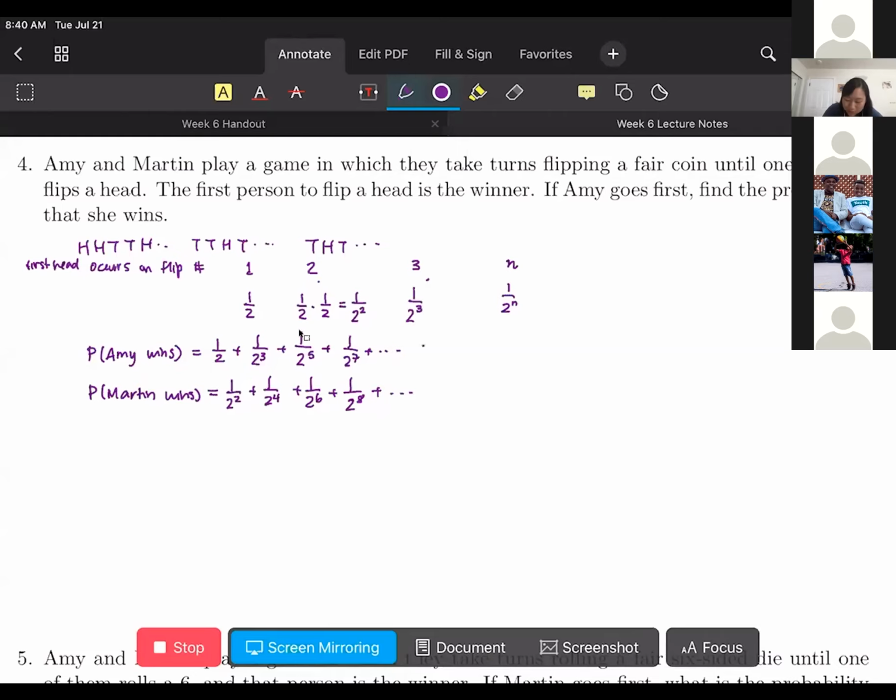So then you'll know that this is going to be 1/2 times 1 minus 1/2 squared, because that's the ratio. So this is 1/2 times 1 over 3/4. This is 1/2 times 4/3, which is 2/3.